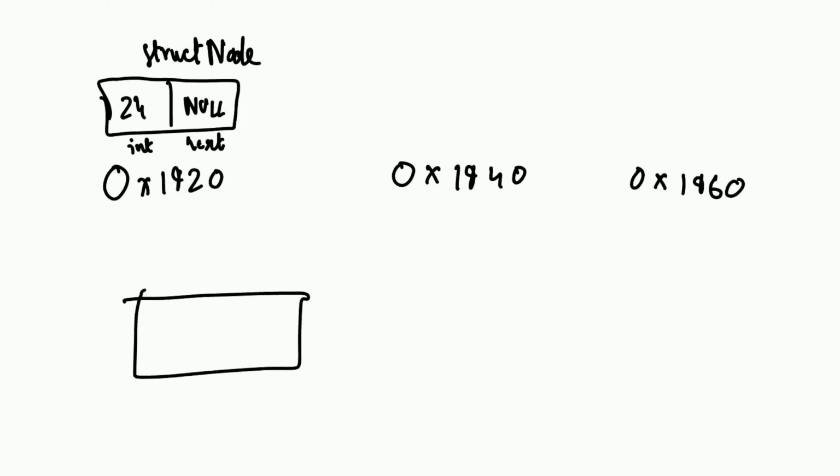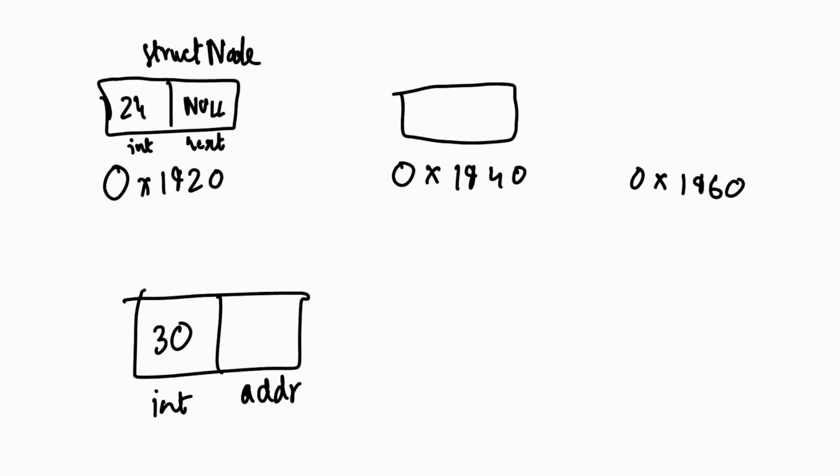However, let's go ahead and add our next node. That next node is going to have data of type int, let's say 30, and we're going to have an address, which is the address of the allocation. Let's say, hypothetically, we allocate this to the address 1940. We have over here our data is 30, and then we will have an address.